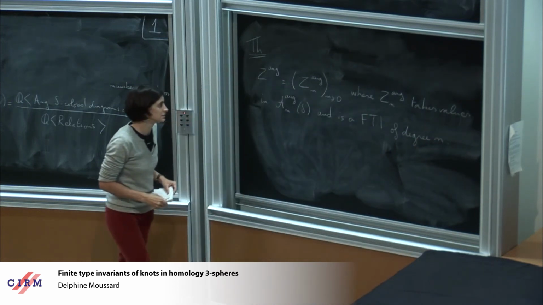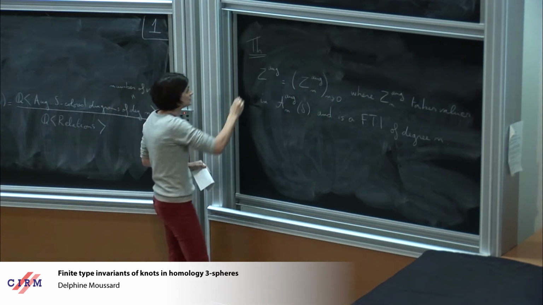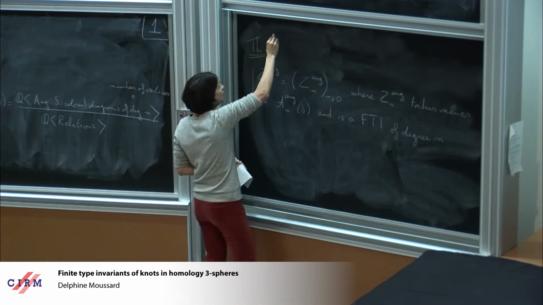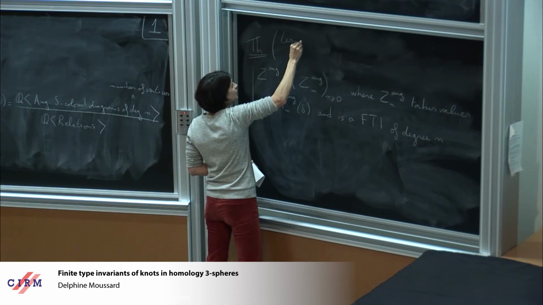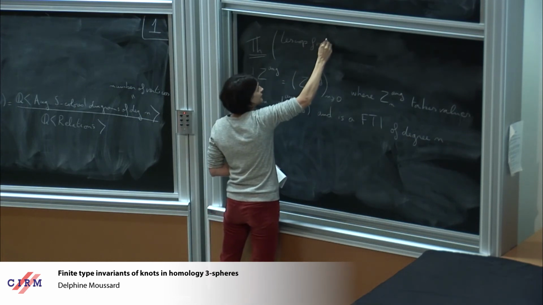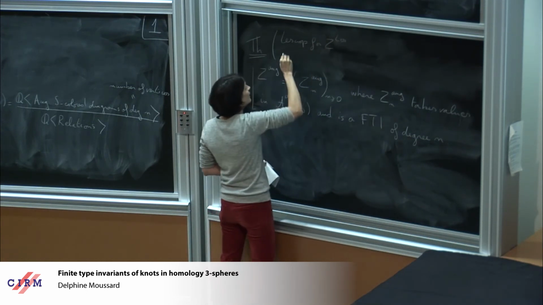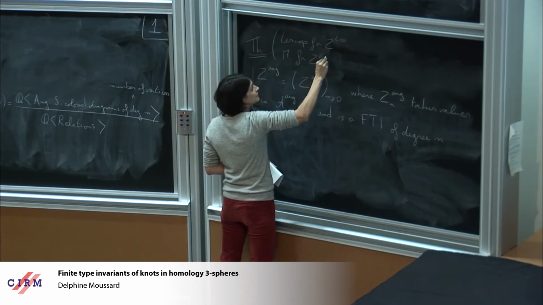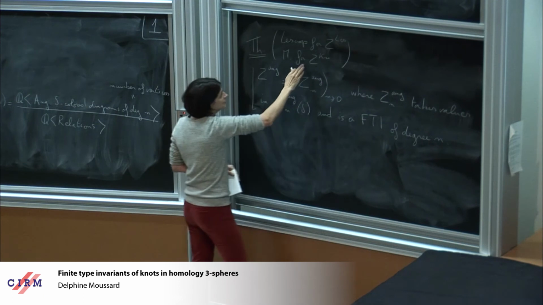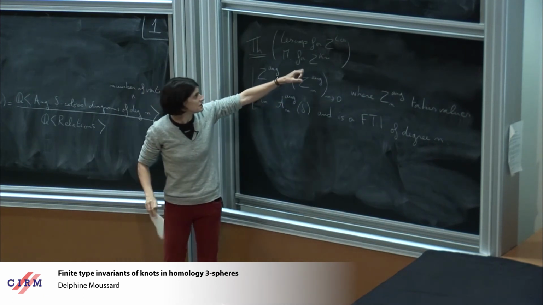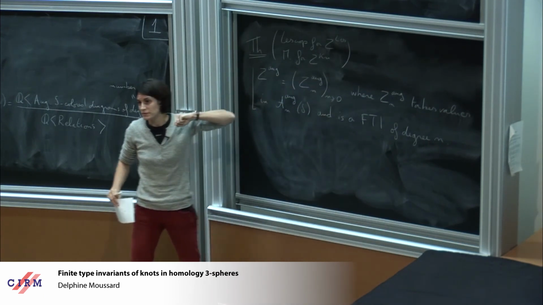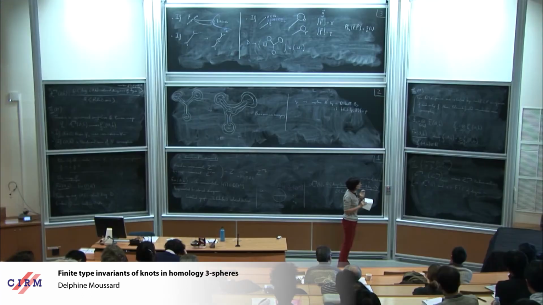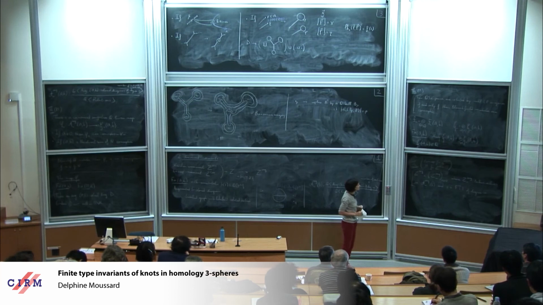That's the important part for us. So this is due to Lescop for her invariant, and myself for the Kricker invariant. The finiteness properties for the Kricker invariant were proved previously, in restriction to null Borromean surgeries, by Garoufalidis and Kricker.